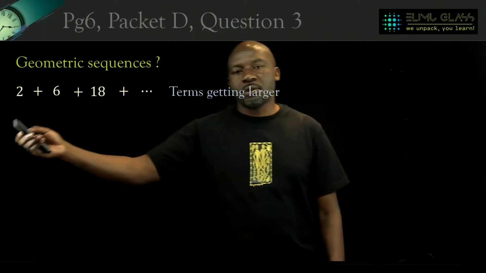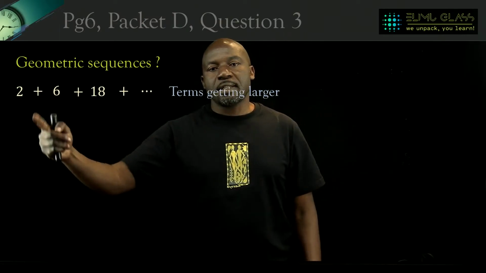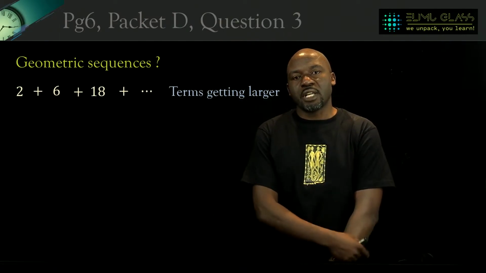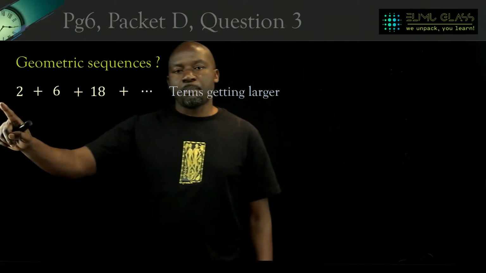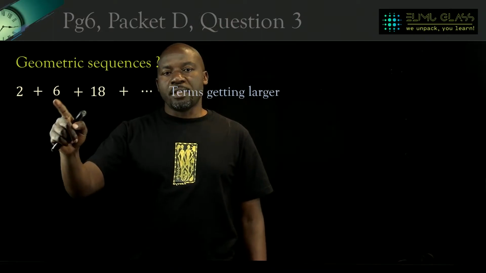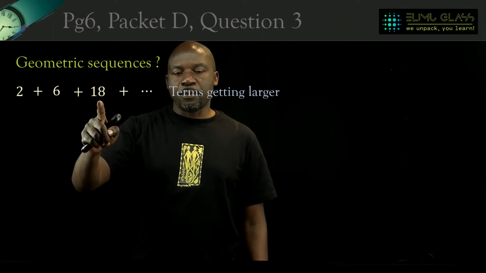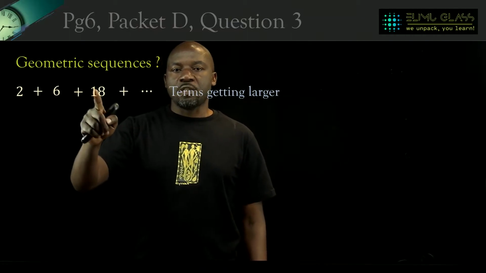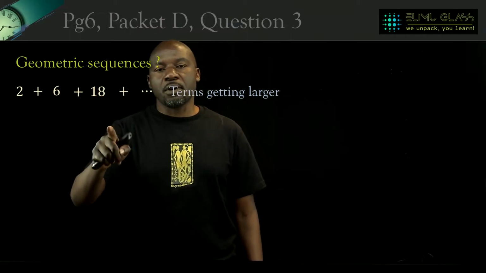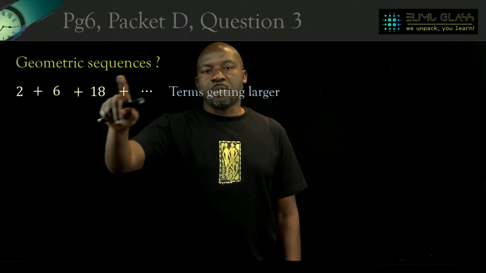So the first one is 2, the next one is 6, so obviously that has increased. So 2 and 6 are called consecutive terms, this being the present term and this being the next term. Between 6 and 18, this is the present term and that is the next term. So this would be un and this will be un plus 1 and so on. You can pause the video and predict what number comes next.